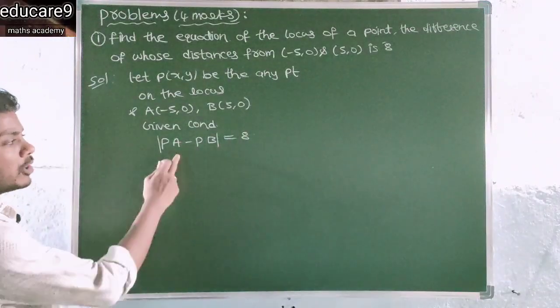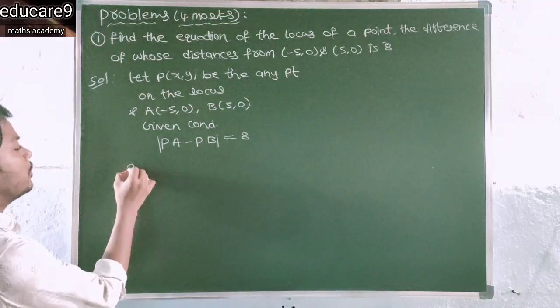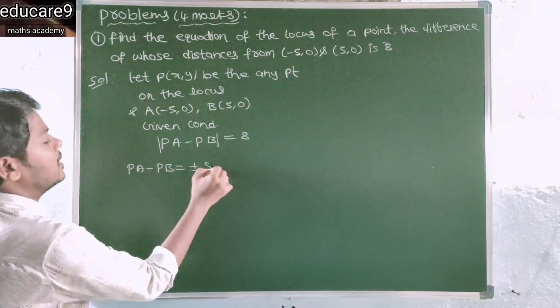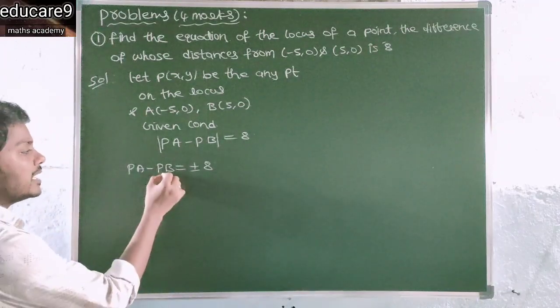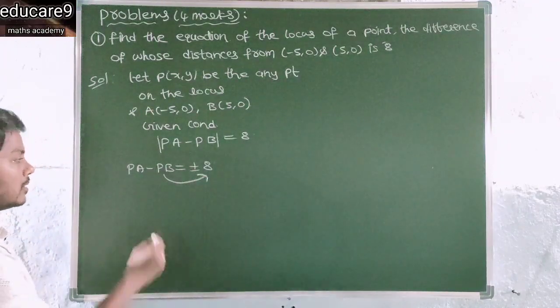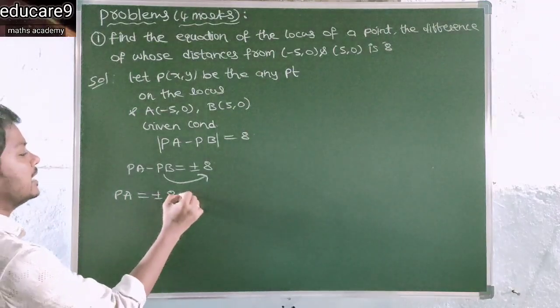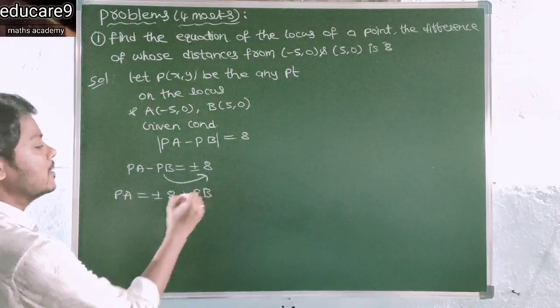Now you have to remove the modulus. What you get? PA - PB = ±8. Now send PB to the right side, so PA = ±8 + PB.